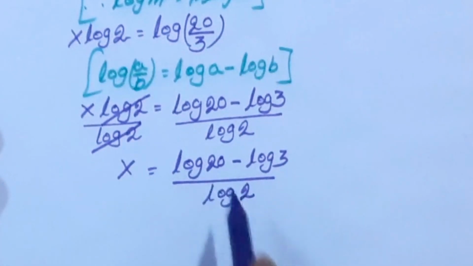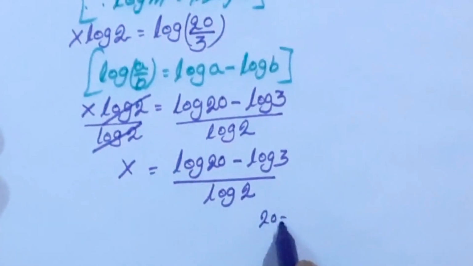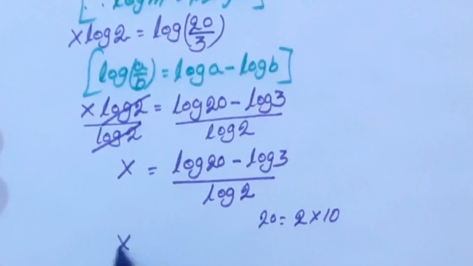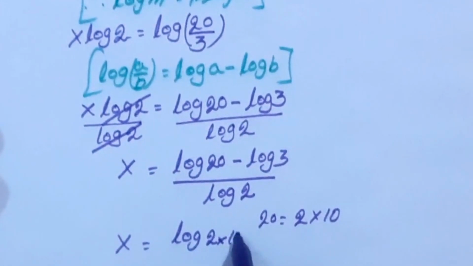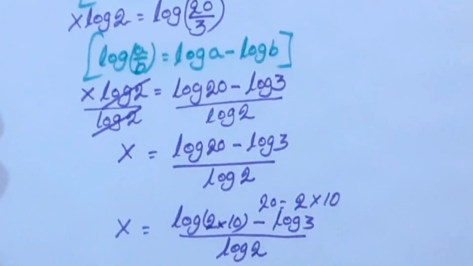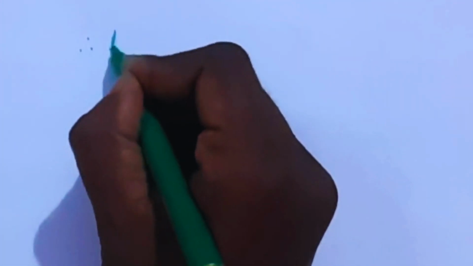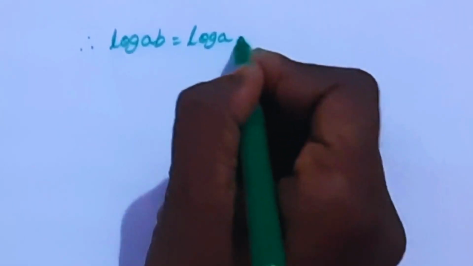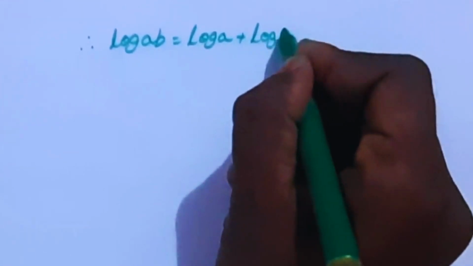Now we are going to write this 20 as 2 times 10. So x equal to log 2 times 10 minus log 3 by log 2. Now we are going to apply this log product formula, that is log ab equal to log a plus log b.